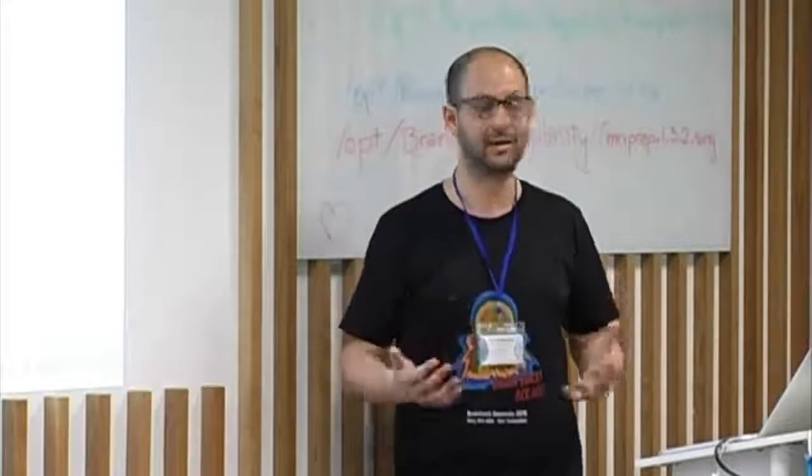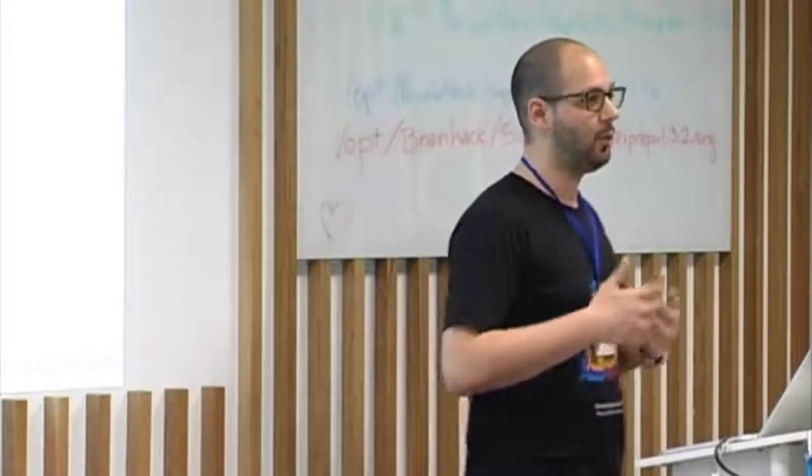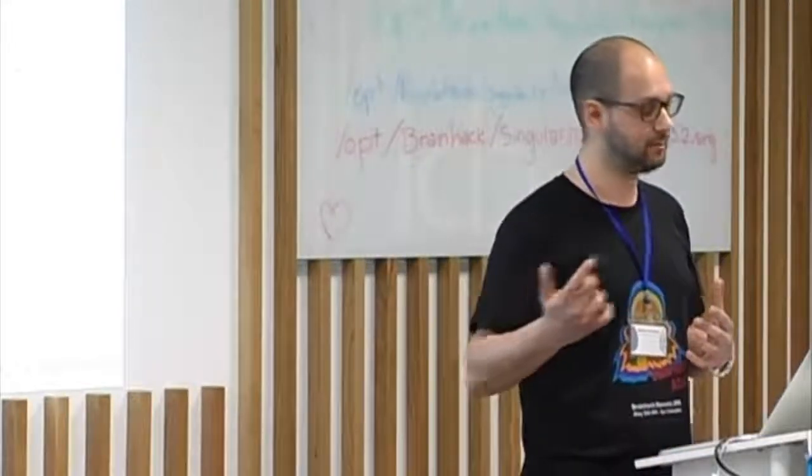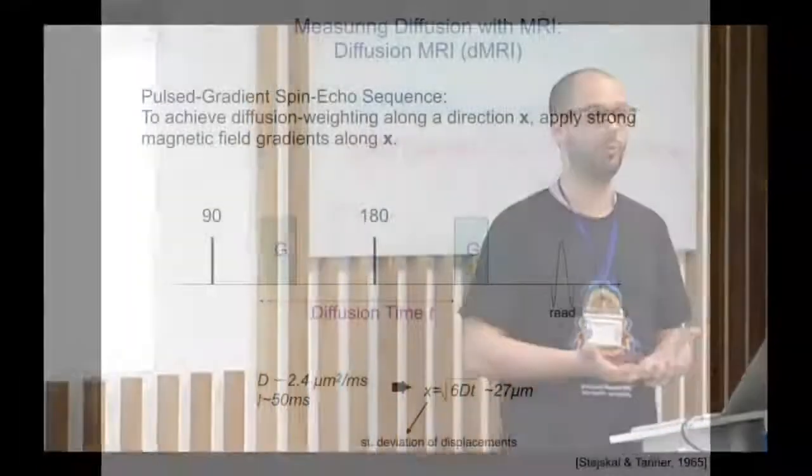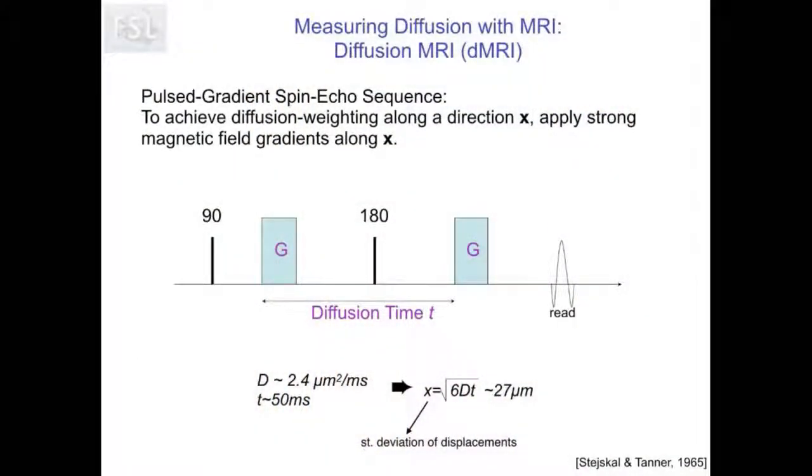And at the typical time scale that we use in diffusion MRI, so typically on the order of milliseconds, we are capable of using this sequence to probe diffusion on the order of 30 microns, right? So we can use the MRI machine to probe diffusion of water molecules at the microscopic scale, which is quite a powerful thing to do.